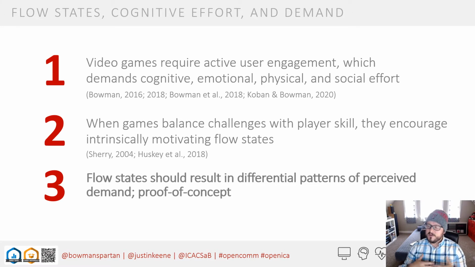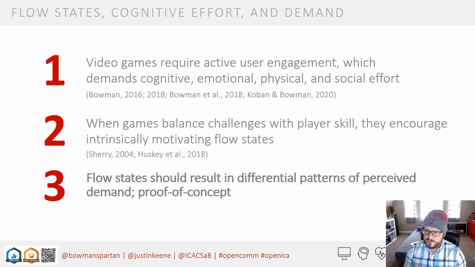But of course, that invitation to engage the content is also a demand of you as the player, as the user. You've got to make sense of and solve and understand the content. There are some cognitive demands involved. There are going to be some immediately valenced reactions you have to that content, whether it's the game, the narrative, other bits and pieces, and there's going to be emotional demands there.